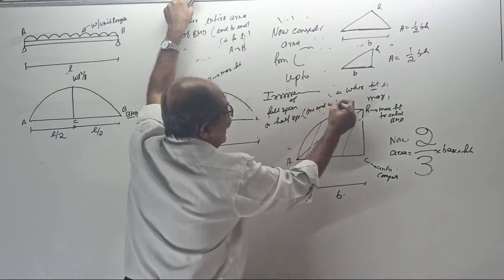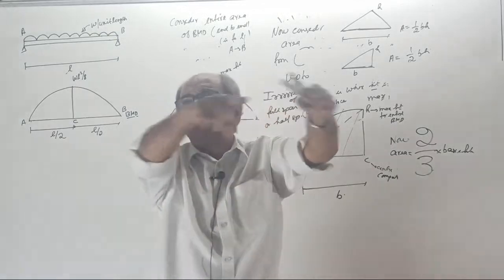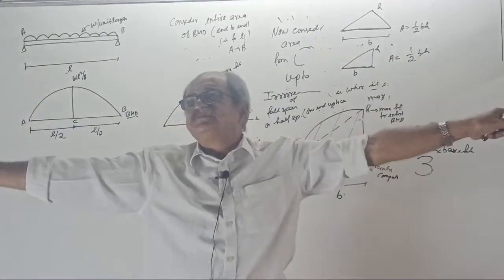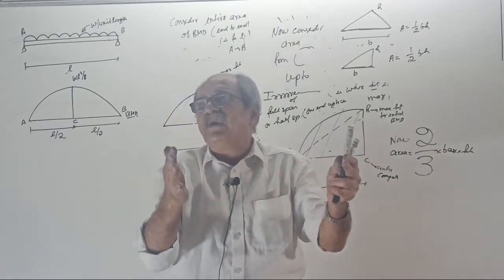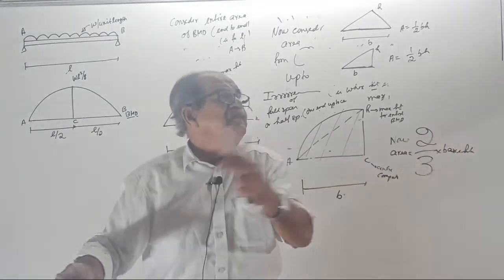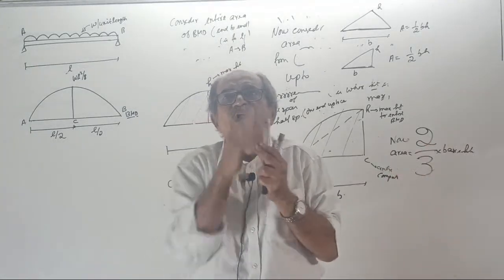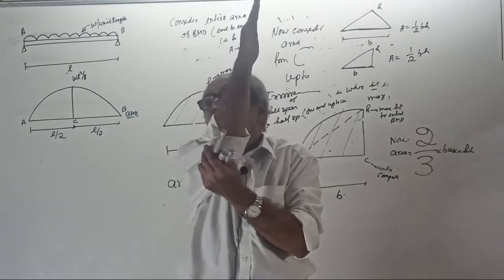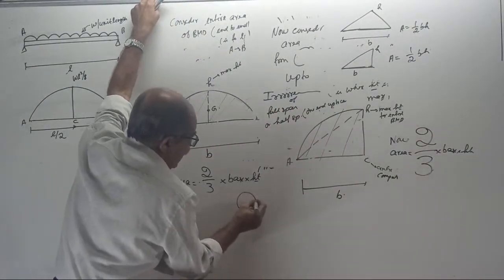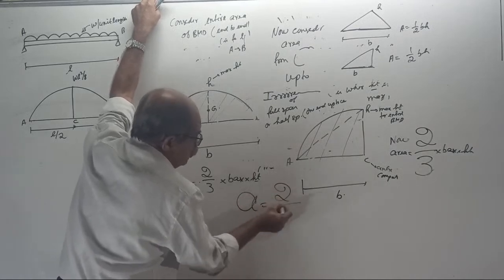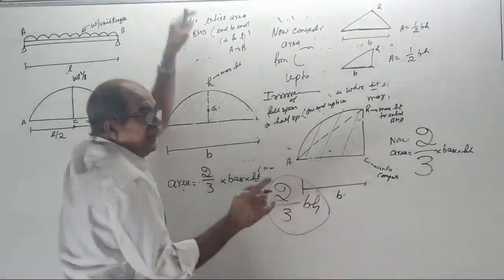Any one end up to the center. Half does not mean random half. Suppose the span is 10 meters, not 5 meters in between. Either the full span or from the center to one side, whatever you take, the area is still equal to 2/3 of base into height only. Clear?